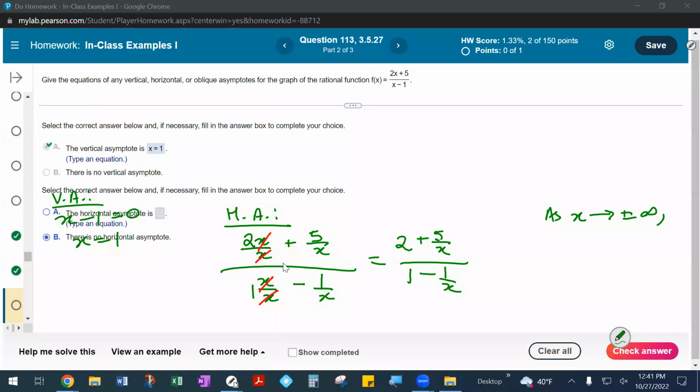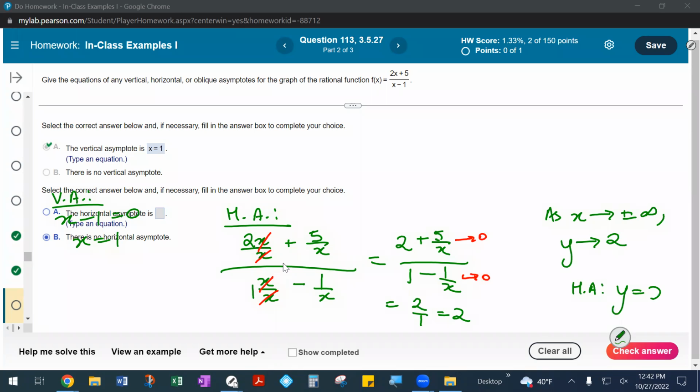Della, yeah, it's going to be y. Very nice. Because remember, as x is going to positive, negative infinity, this guy is going to 0. This guy is going to 0. So that basically leaves us with 2 divided by 1, which comes out to be 2. So your y is actually headed to 2.